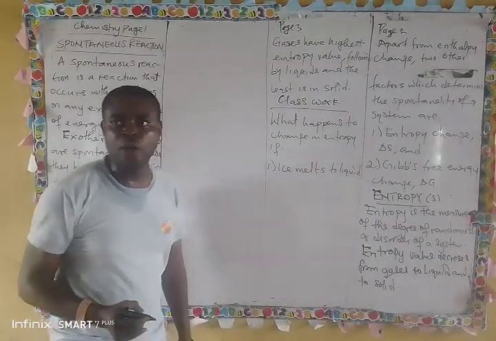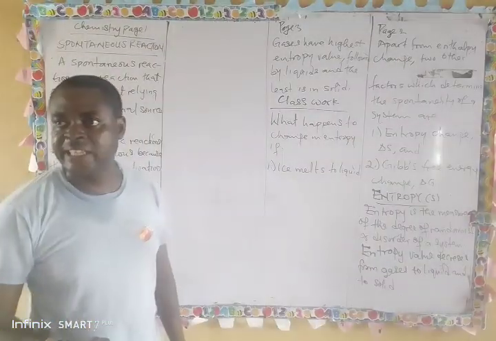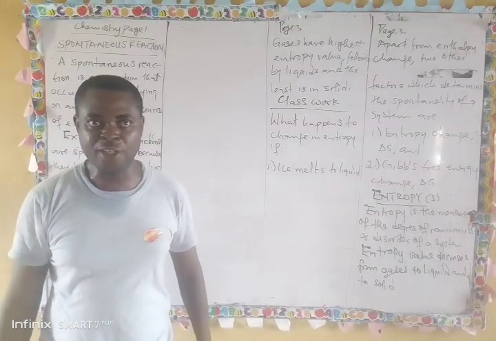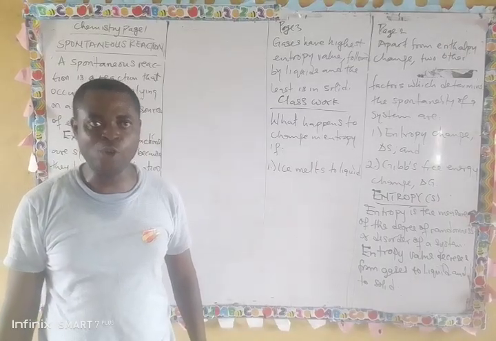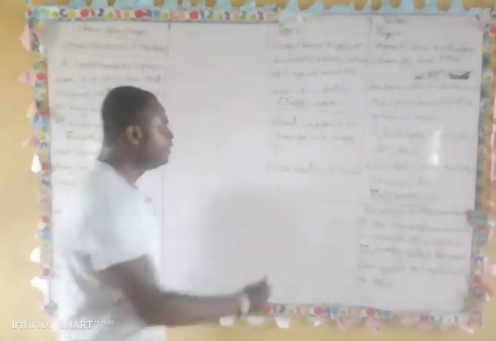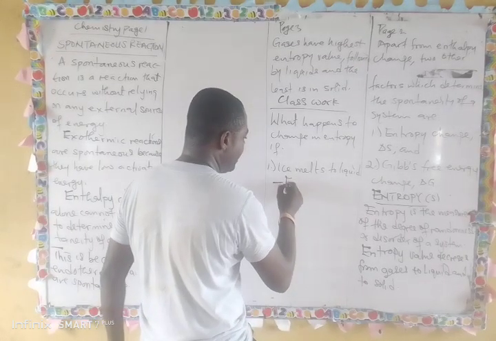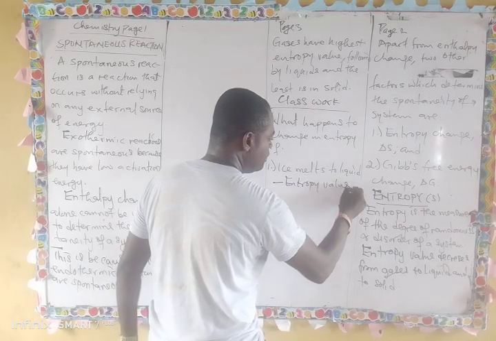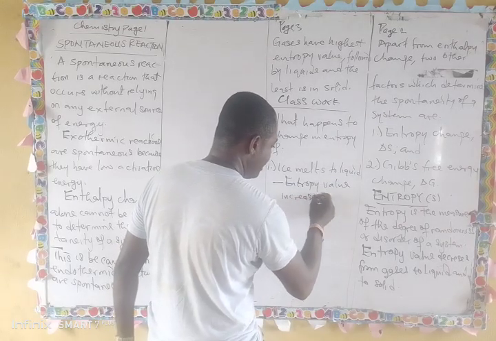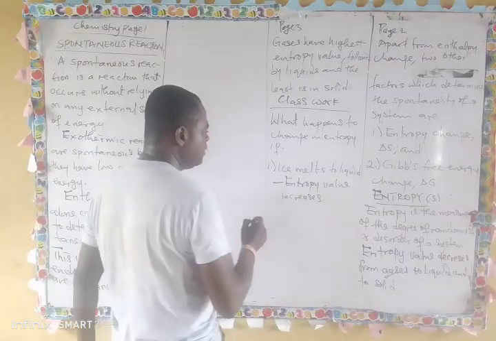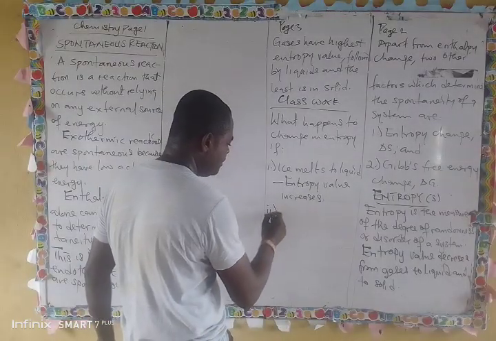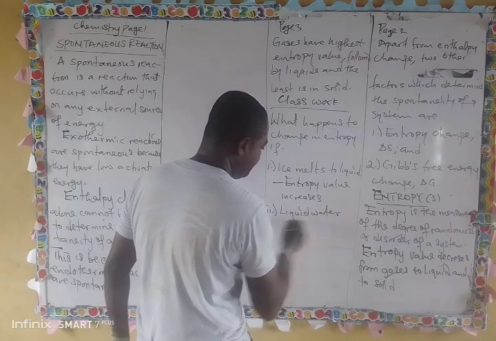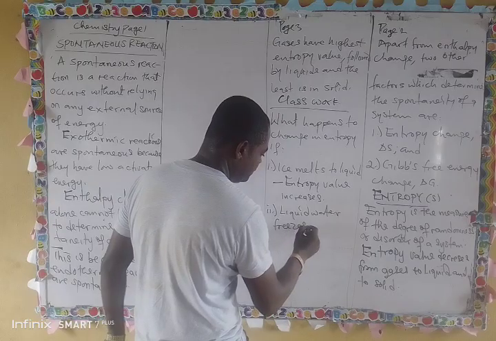Ice, which is a solid block, changes to liquid. Does entropy increase or reduce? It increases because it is low inside that ice block. So the answer is that the entropy value increases. What about liquid water? When liquid water freezes, the entropy value decreases.